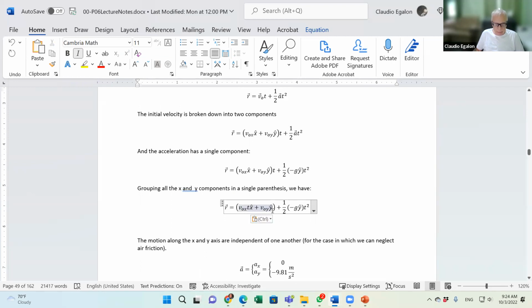Expand this equation. When I expand the equation, I don't need the parentheses anymore, so I'm going to get rid of the parentheses here as well. And it looks nicer if I put the t squared, if I put the y hat at the end of this term of the equation.